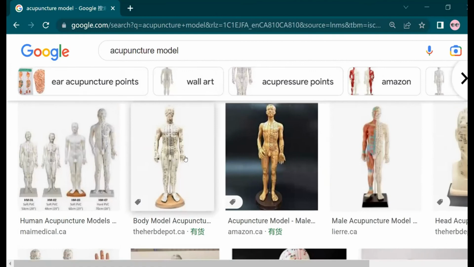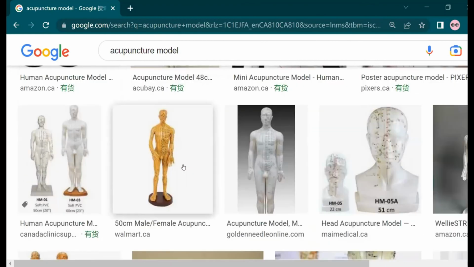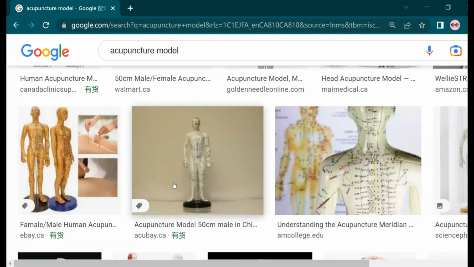Our body is 3D, not 2D, not flat. So if you have a model like this, it will be much easier for you to understand.